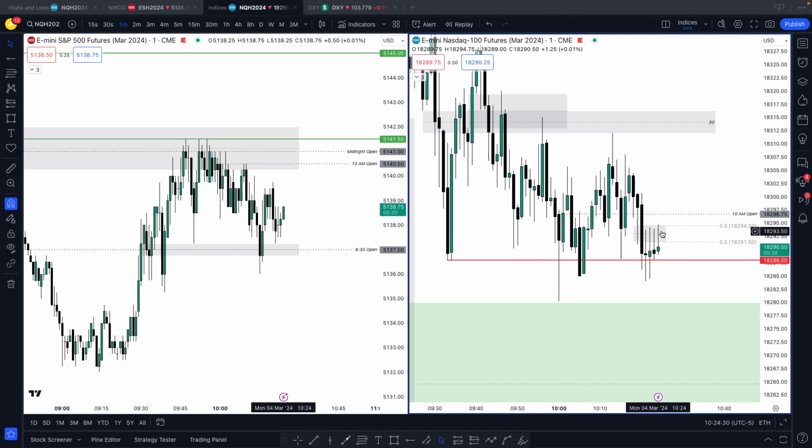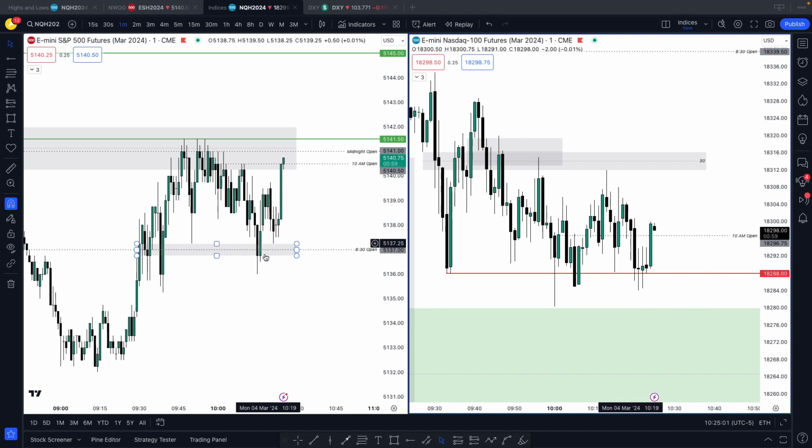So you could use that if you believe price is going to continue working lower down into the hourly BISI, then this area could present a potential short entry for you, in line with something else like a mitigation block here. But I'm not looking to be a short participant in this. I'm just waiting for some clear opportunity to go long.